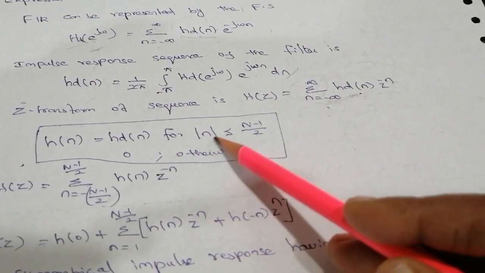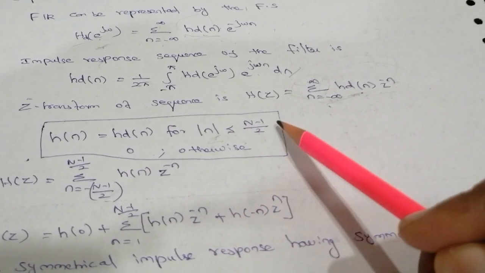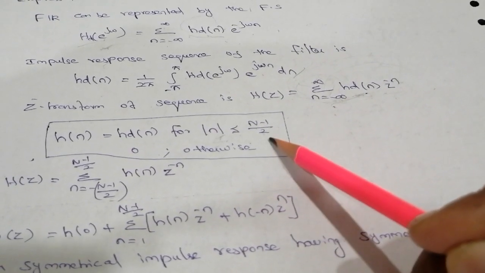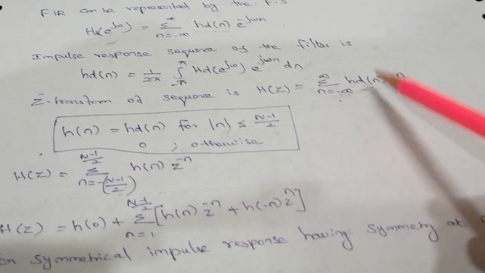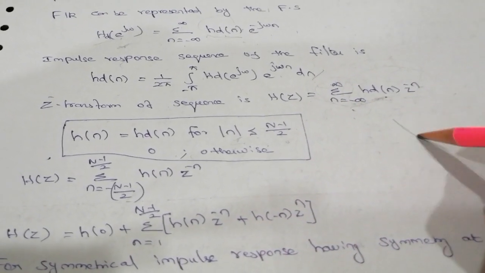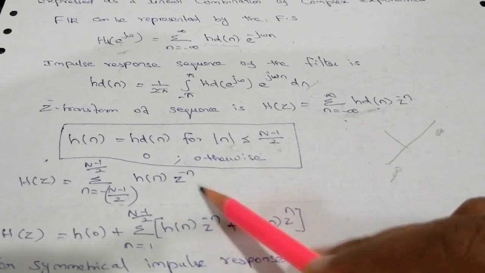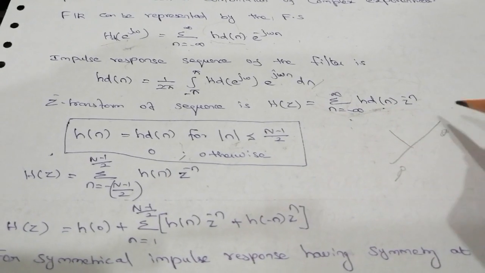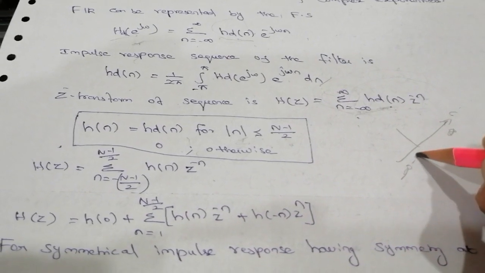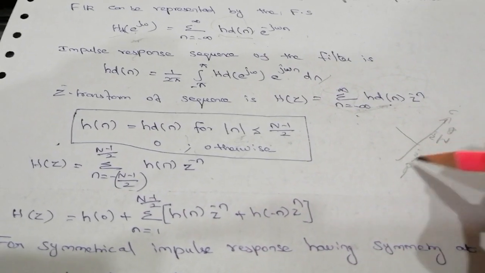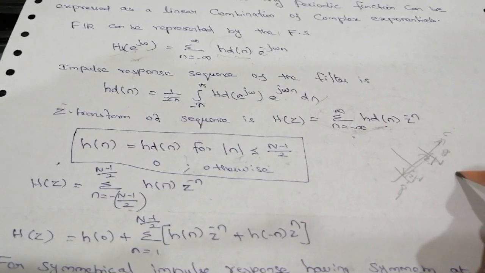Mod n is a representation of positive and negative, so the n value is from minus (N minus 1)/2 to plus (N minus 1)/2. For the remaining range, h(n) is otherwise zero. So the n duration was minus infinity to infinity, but after truncation with this condition, the n range is minus (N minus 1)/2 to plus (N minus 1)/2. So the infinite is converted into a finite duration, right?